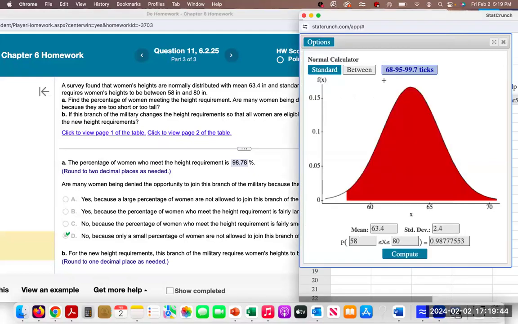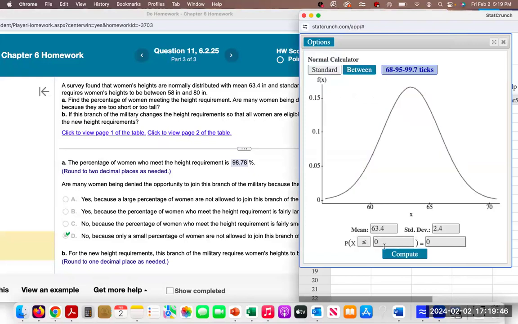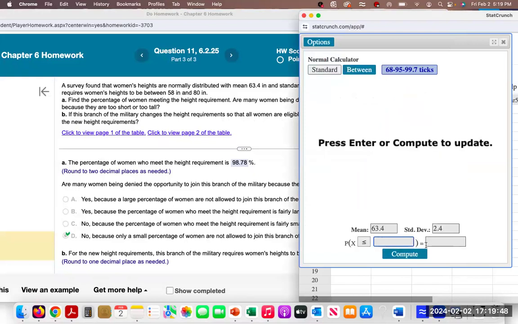So to do that, we're going to go to the standard calculator, and to find the area to the left, we're going to use less than or equal to, and the area to the left is 1%.